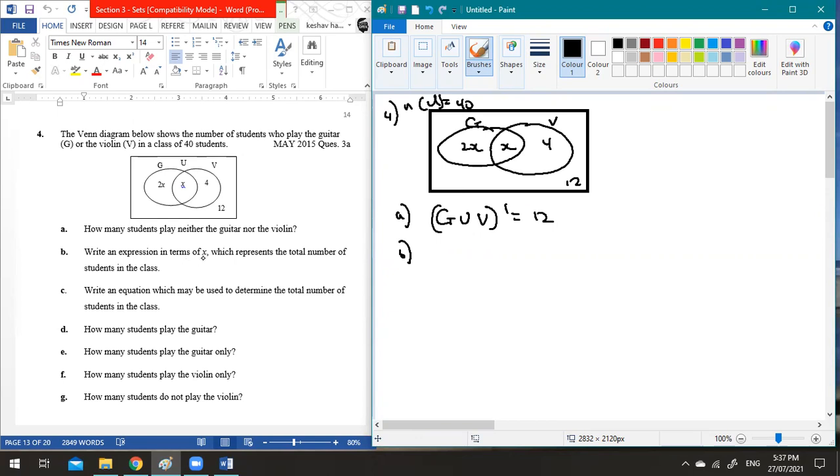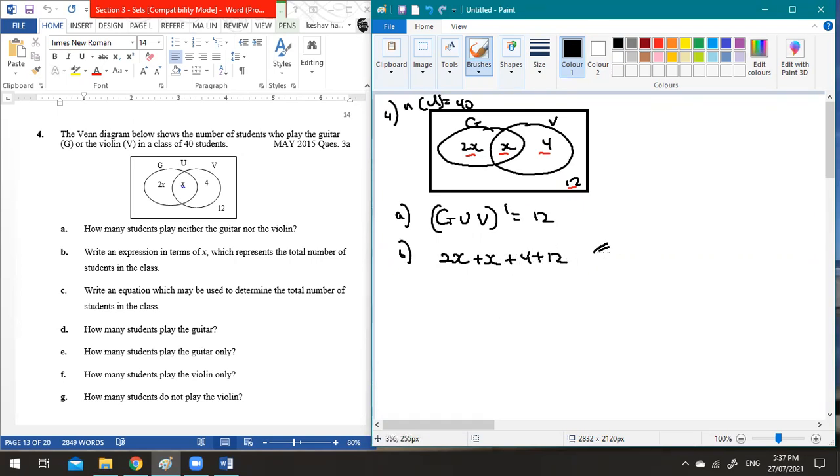Write an expression in terms of x, which represents the total number of students in the class. All right. So if we were to represent the total number of students in the class, we'll have to take here, add it to this, add it to this, and add it to this. So this is just an expression. So 2x plus x plus 4 plus 12.